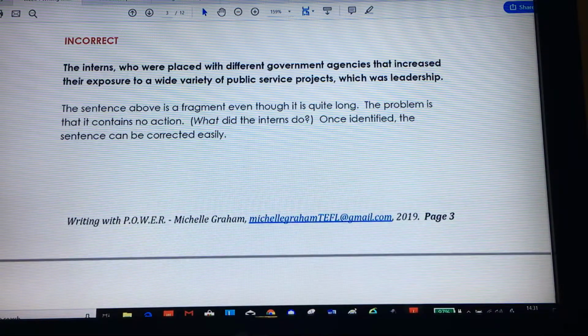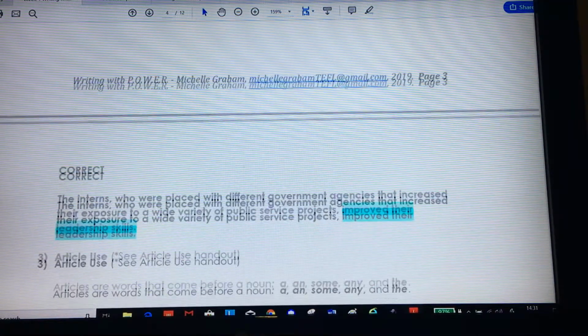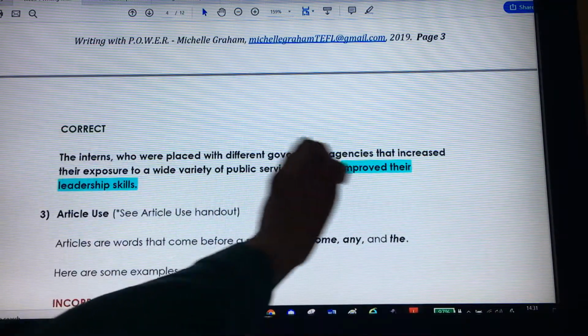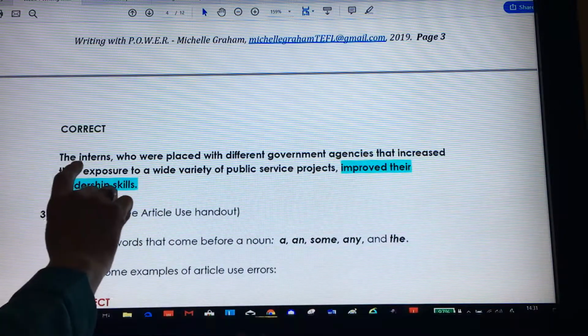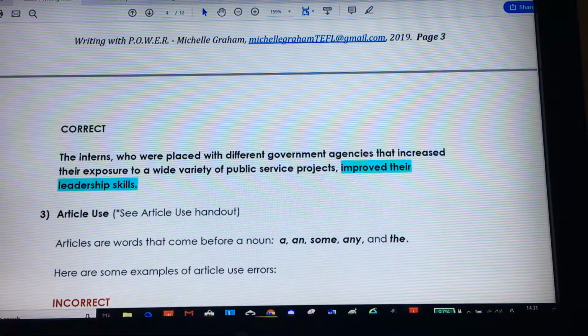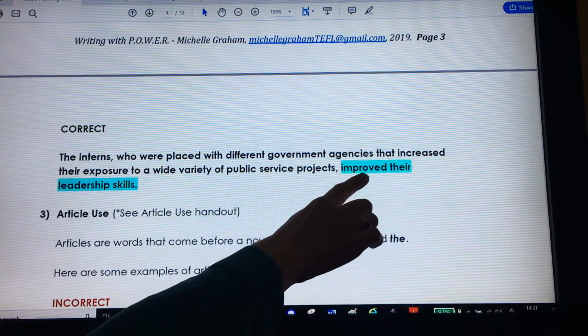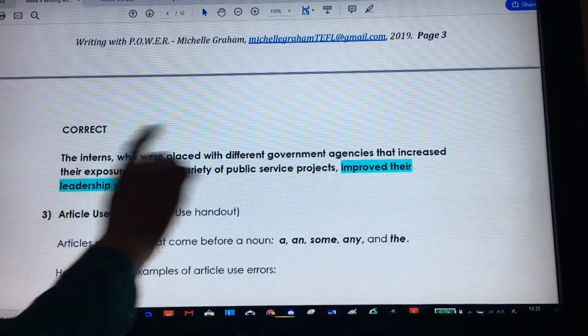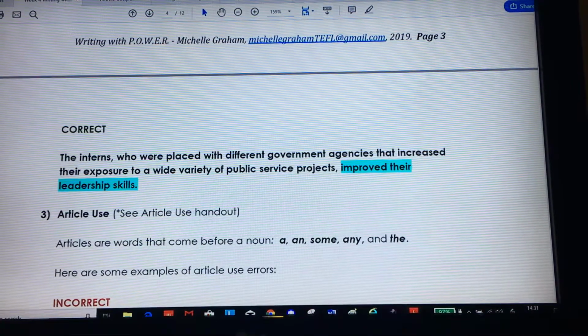So the way that we corrected that one was by having the same form as before. The interns who were placed with different government agencies that increased their exposure to a wide variety of public service projects improved their leadership skills. Here you have a very clear verb identifying what the interns were doing.